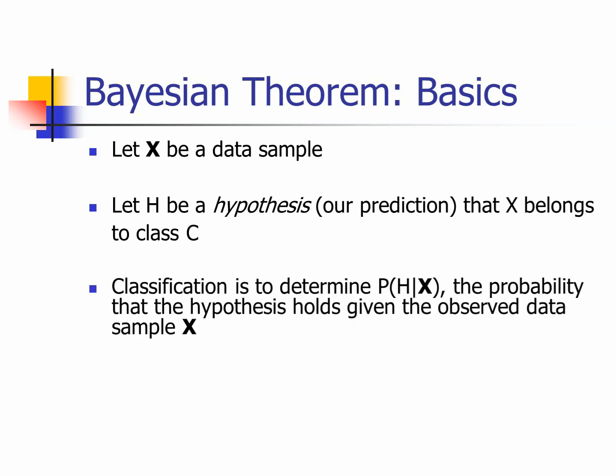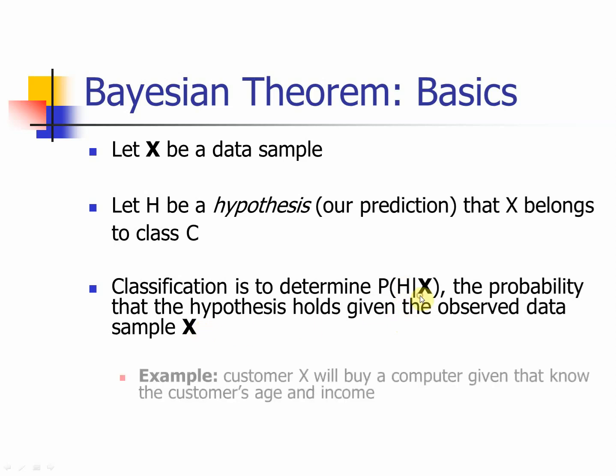Therefore, classification is to determine, based on this X situation, so this is our customer, whether he is going to buy a computer or not. So we want the probability that the hypothesis holds given the observed data sample X. This is exactly what we mentioned: the customer will buy a computer given the known customer's age and income. We want to learn through Naive Bayes how to calculate this value.